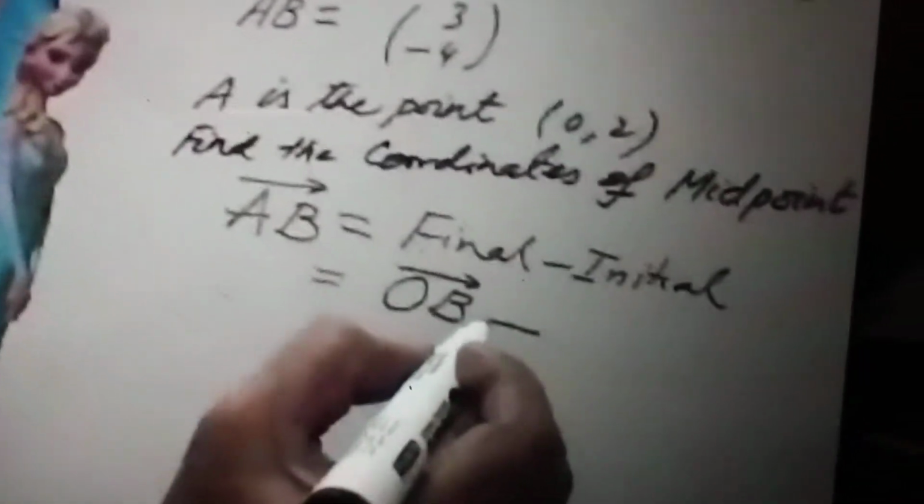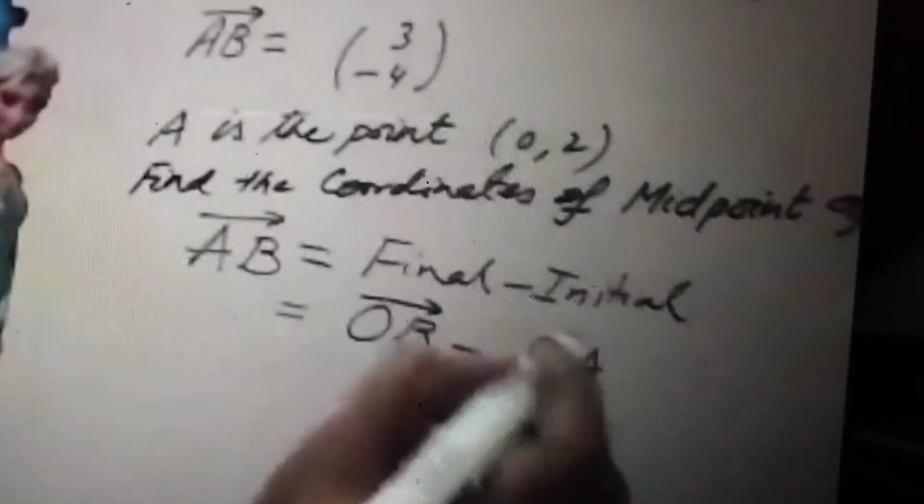And the final point, basically the terminal point, is B. So I'll write OB. Why OB? Because it has to be with reference to the origin. So O represents the origin. So this is just a notation to write it down. OB minus OA, and this is equal to AB.